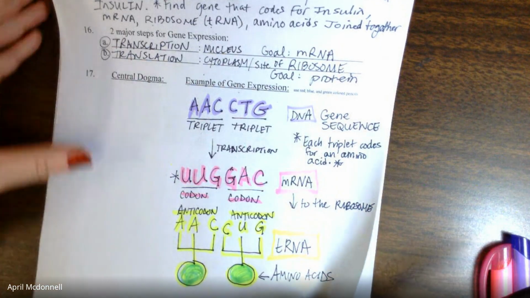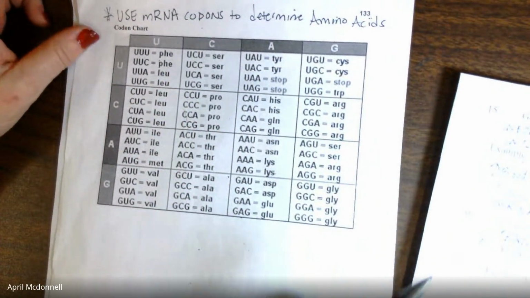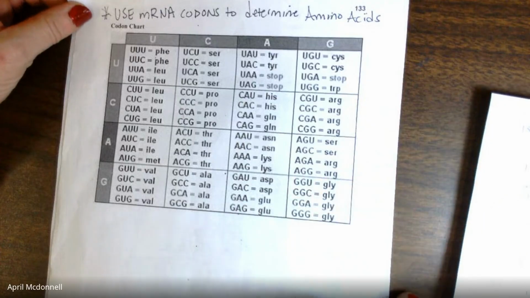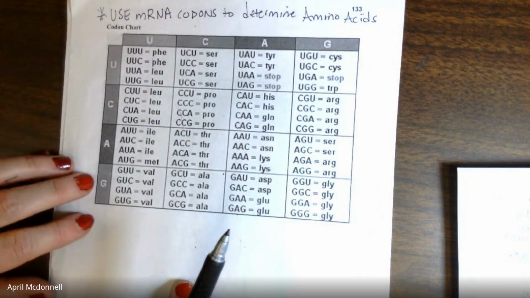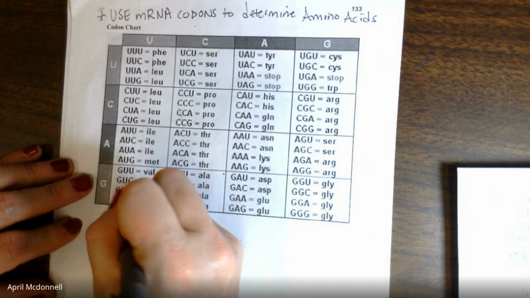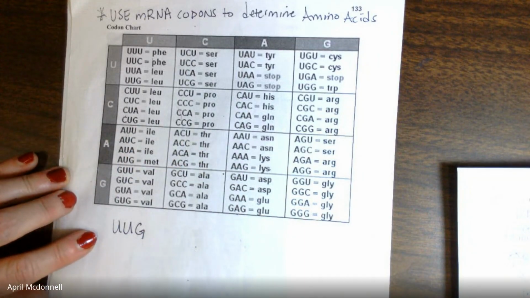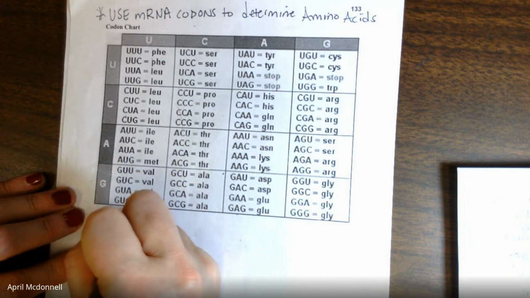So we're going to try to find that codon sequence in our genetic codon table. Okay, so this table is located in your lab manual. And again, in this example, we're looking for UUG. That was our first codon.